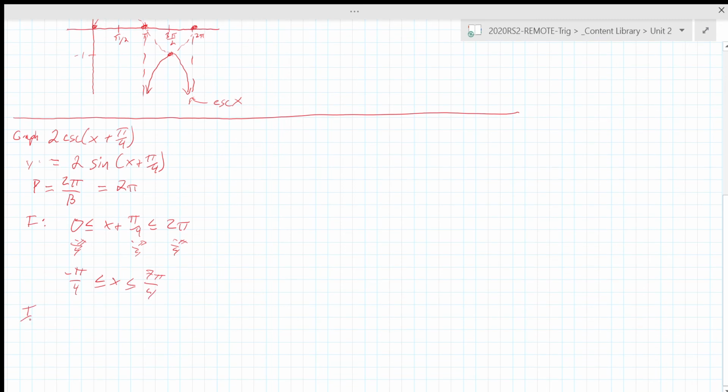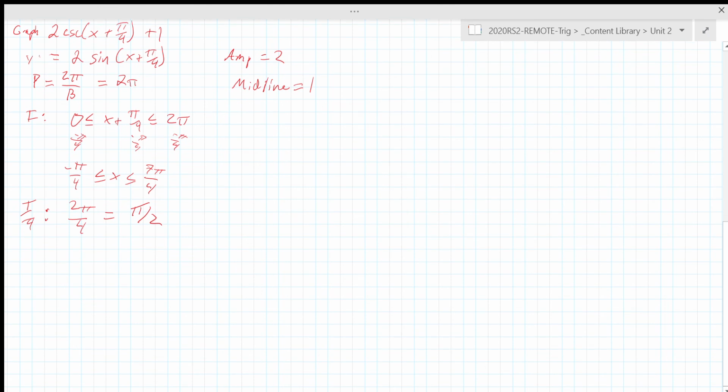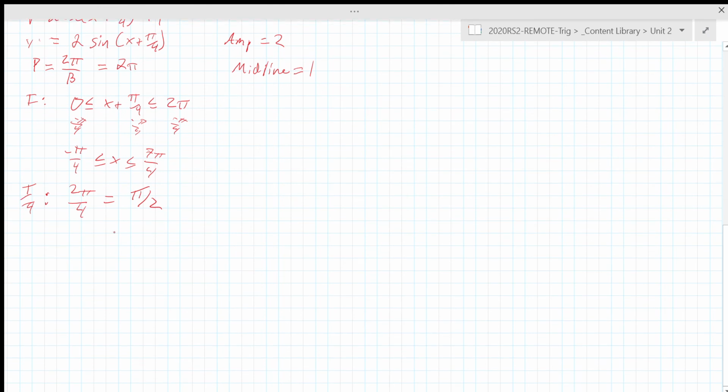Then the interval divided by 4, that's your period over 4, which is pi halves. Amplitude is 2. And the midline, let's make this interesting, let's add a midline to it. Midline is equal to 1. All right, and then we're going to graph the sine function.